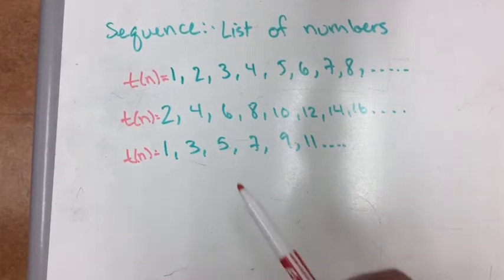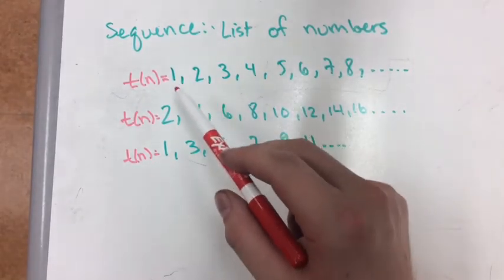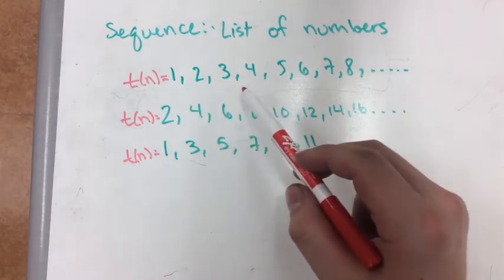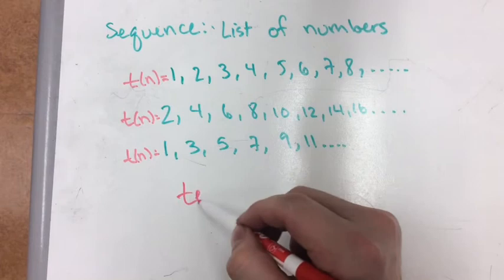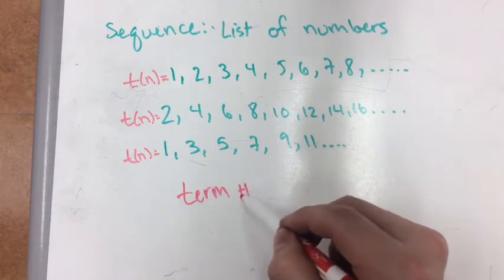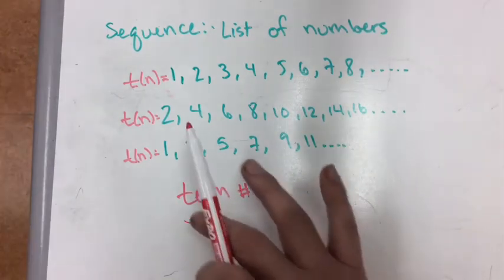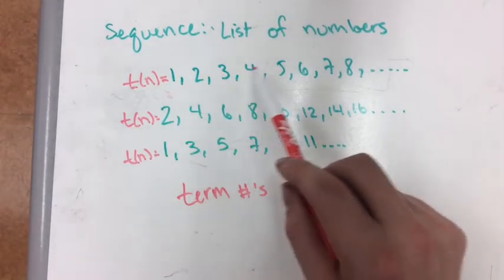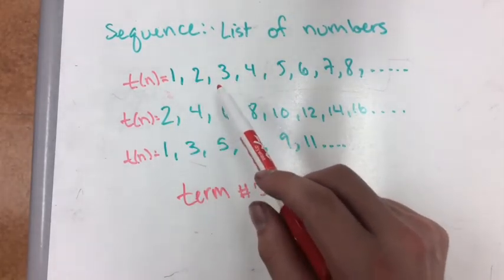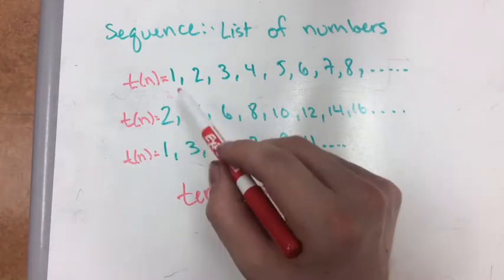There's one more thing that we need to define, which is that these are all terms. Within a sequence, you have term numbers. When we talk about these sequences, we don't want to just talk about the value of the term. We want to talk about the term number, and we start at 0.